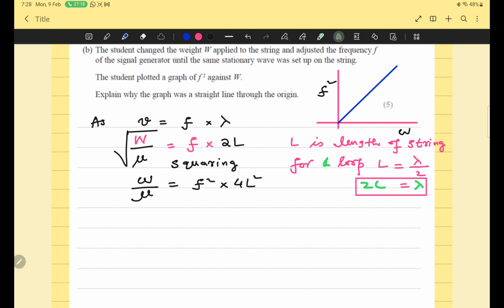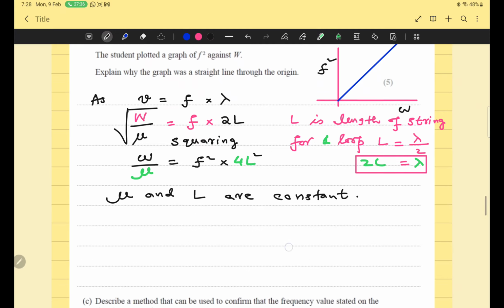And now you know, sir, mu is a constant, length is a constant, 4 is a constant. So I am writing, sir, mu and L are constant.